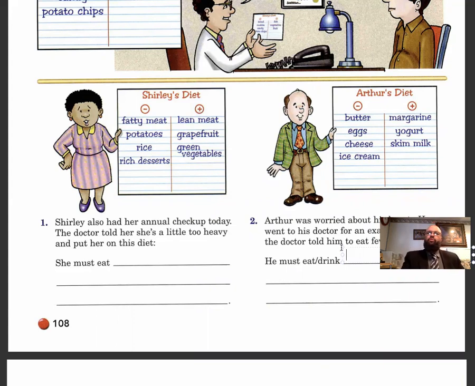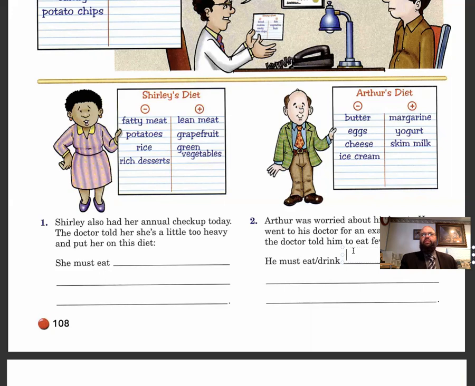So Arthur was worried about his heart. He went to his doctor for an examination. And the doctor told him to eat fewer fatty foods.